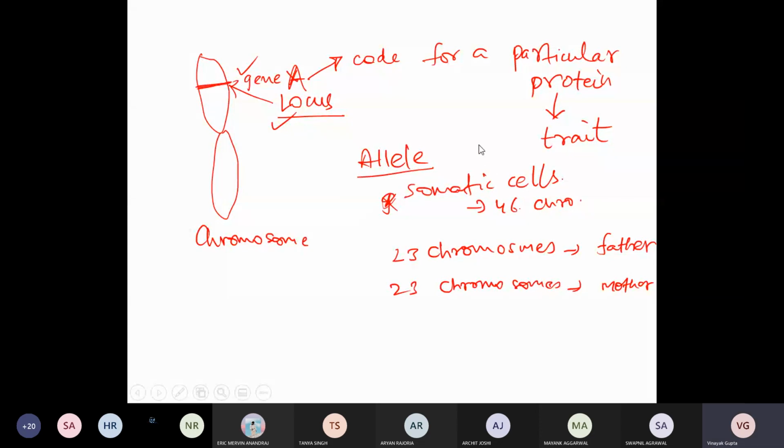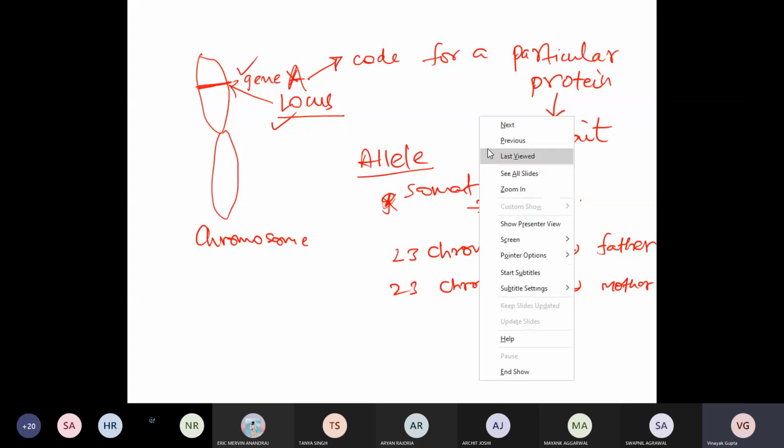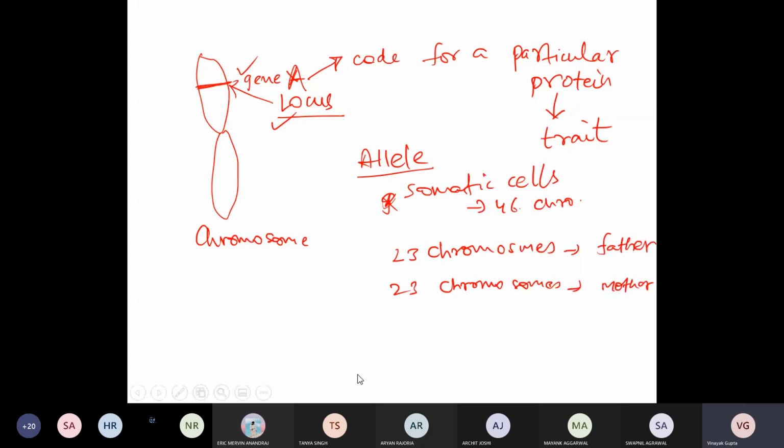I will have one more slide. Okay, so remember this thing, we are going to discuss the concept of allele, and here we are saying that 23 chromosomes we have from father and 23 from mother. I will erase this, I need more space.